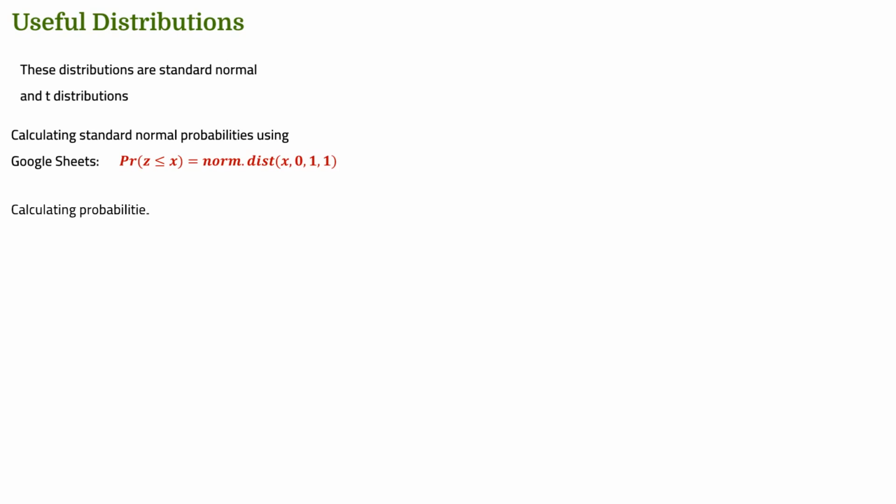Calculating probabilities of t-distributions using Google Sheets: probability of t less than or equal to x with a degree of freedom of nu is T.DIST(x, nu, 1), separated by commas.